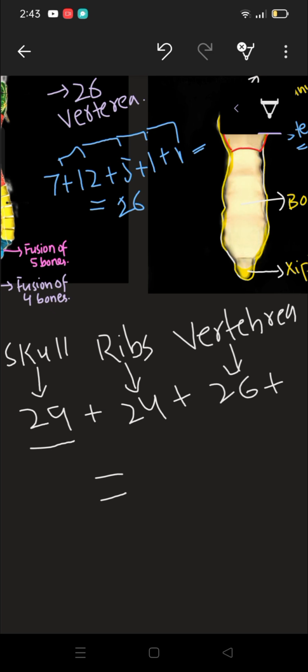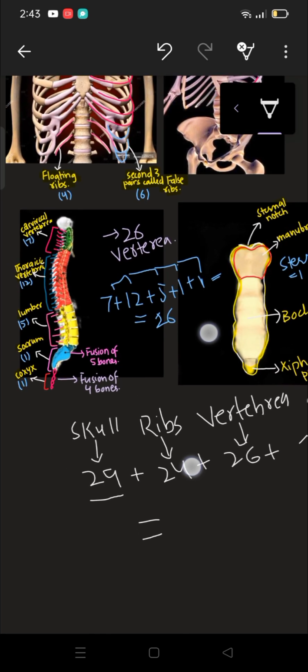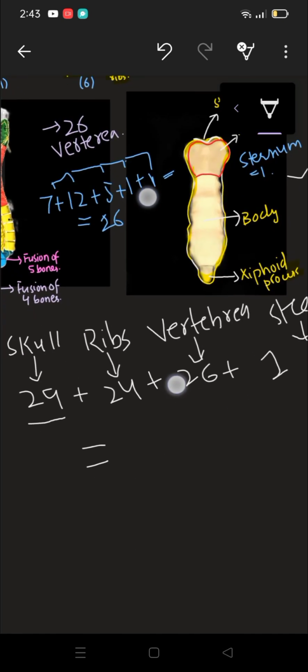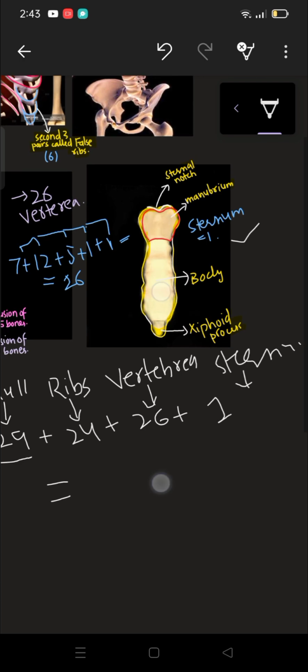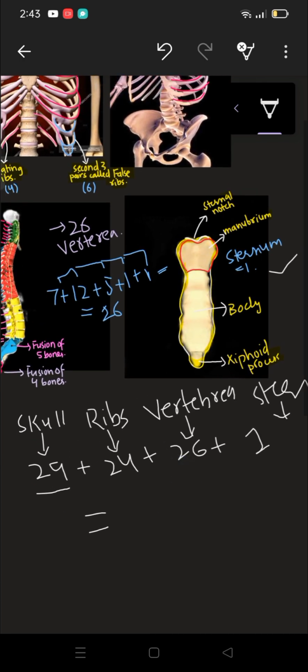We have discussed this in yesterday's class and verified that skull has 29 bones. Ribs today are 24. Vertebral column has 26 bones. Sternum is only a single bone, so sternum 1.